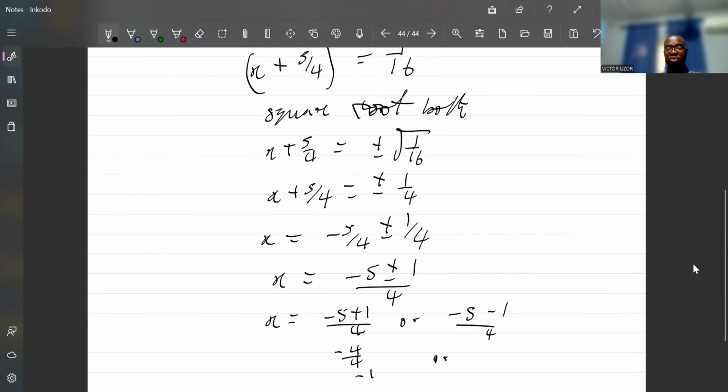And this will give you negative 6 over 4, which will give you negative 3 over 2. And these are the two answers you get when you solve 2x squared plus 5x plus 3 equals 0. When you solve it, you are going to get negative 1 and negative 3 over 2.